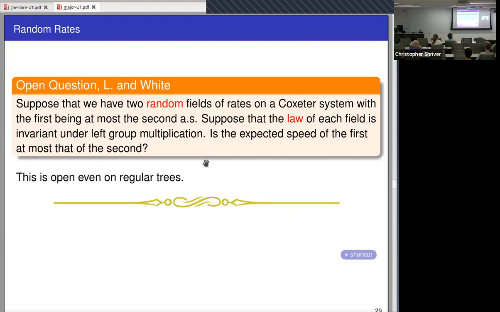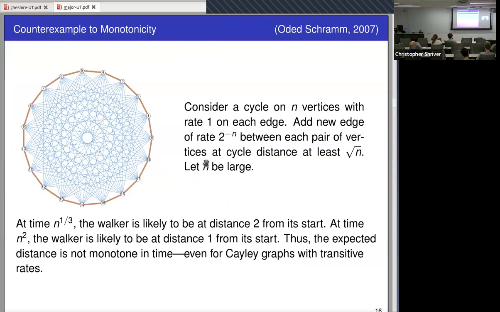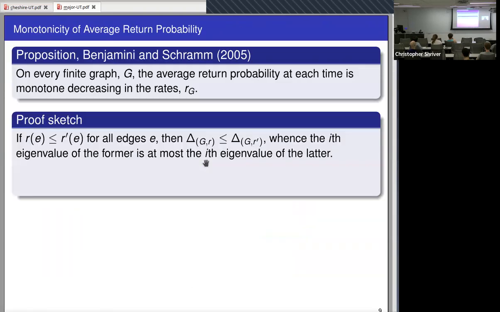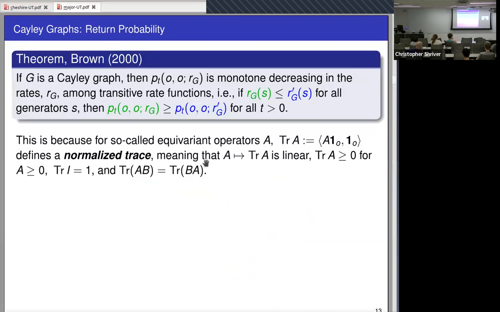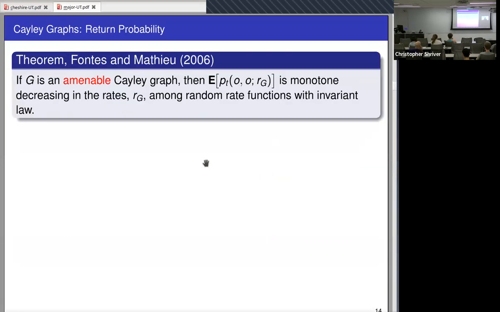Back in the return probability monotonicity, there was some theorem for amenable Cayley graphs.